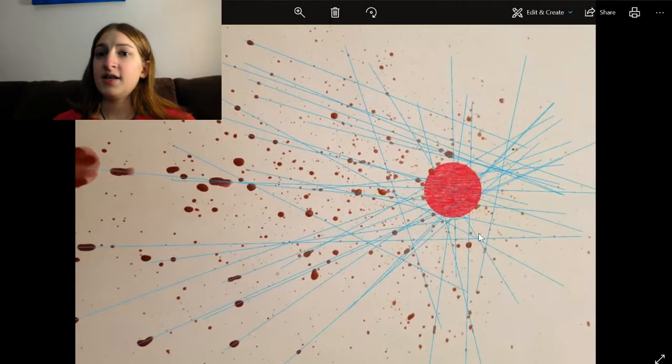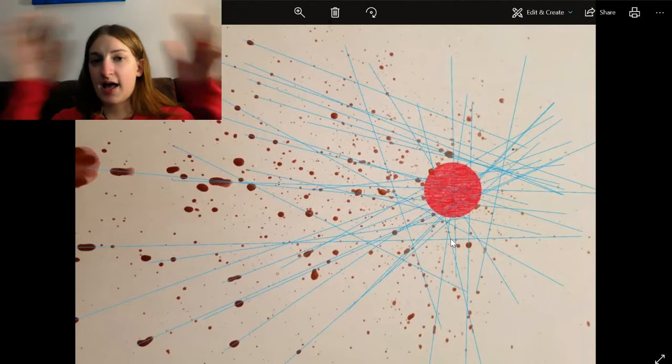But you take various blood droplets and it can lead you to a point of convergence. So basically, the point of convergence is the origin of an entire bloodstain.